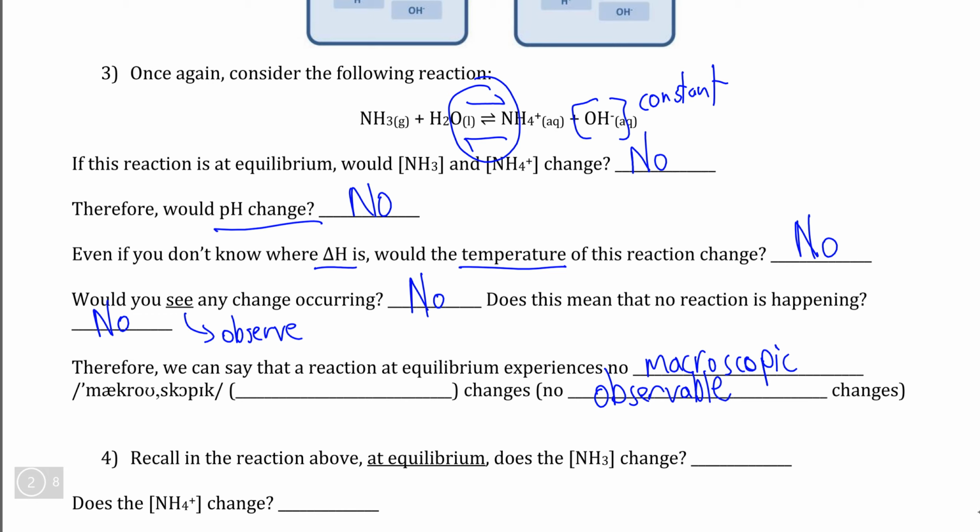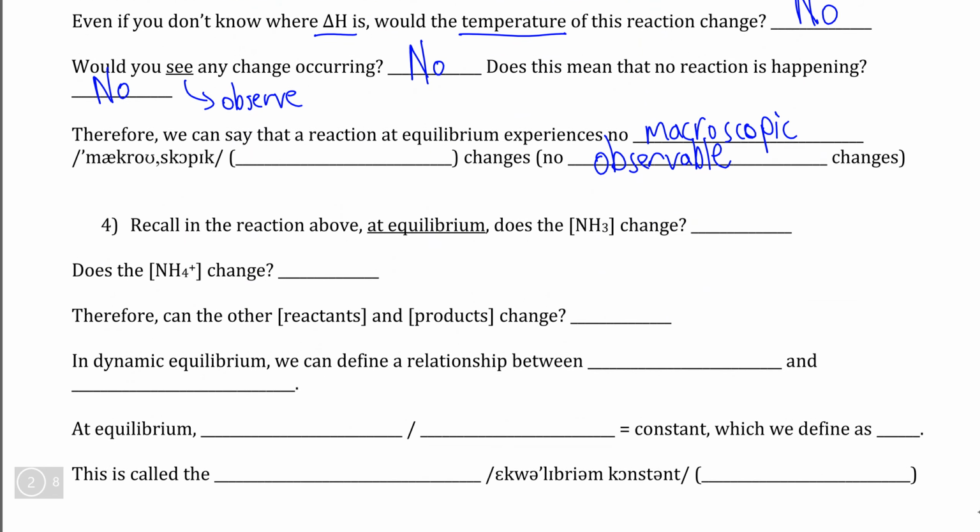Now, from this, we can come up with a slight quantification, which we're going to expand on in the next video. As we've already established, the concentration of our primary reactants and products, NH3 and NH4+, do not change, meaning that they're both constant. Now, if these don't change at all, then the other reactants and products are going to remain constant as well.